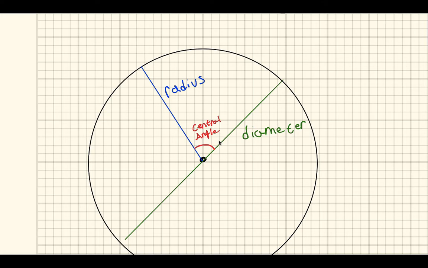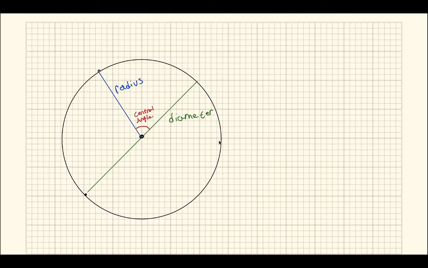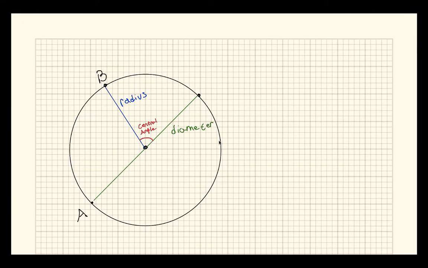And there are different parts of the circle that we can name called arcs. So if this is like A, B, and C, there's different arcs.